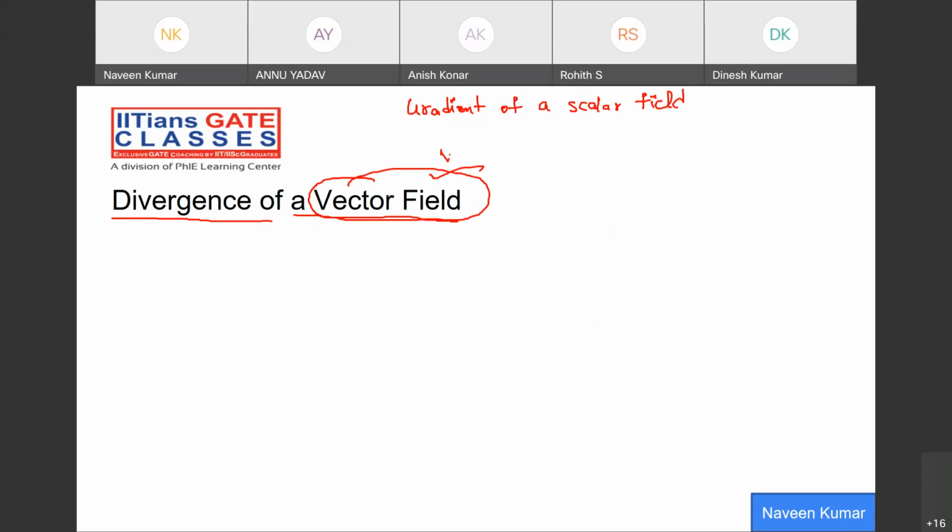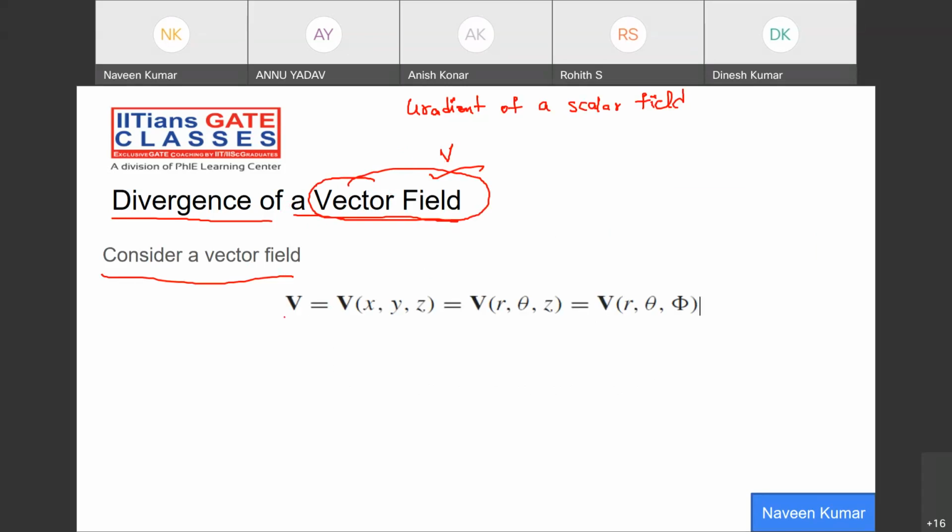Like velocity. Let's say consider a vector field V in xyz, r theta z, or r theta phi, in Cartesian, cylindrical, or spherical coordinates. You can use it.